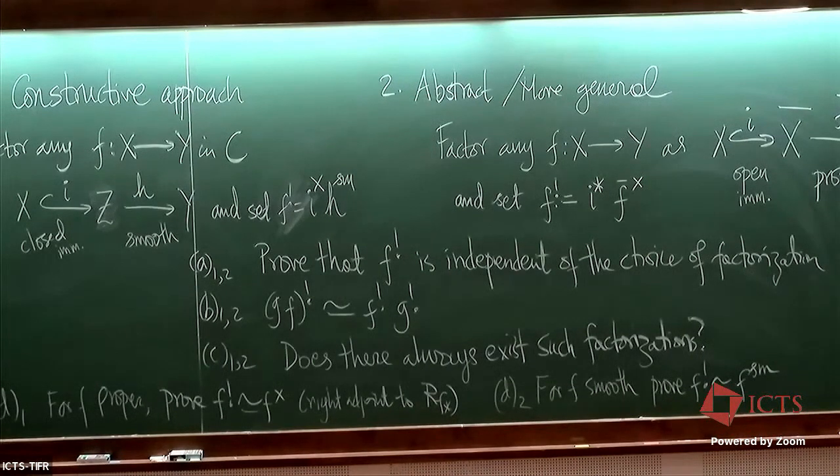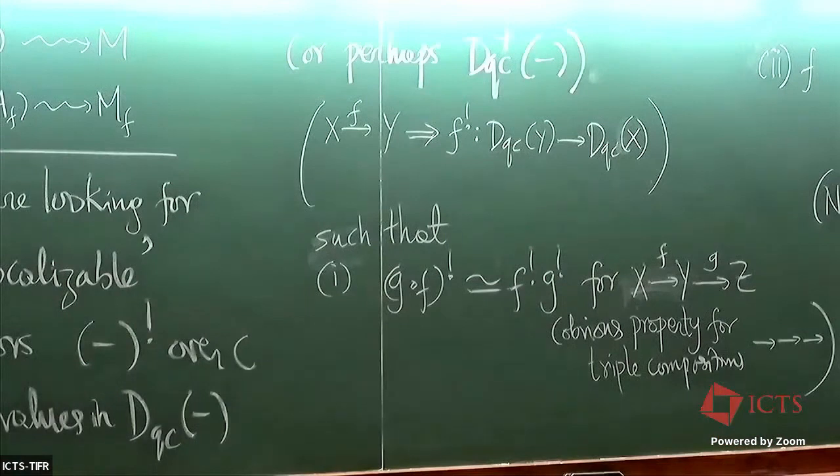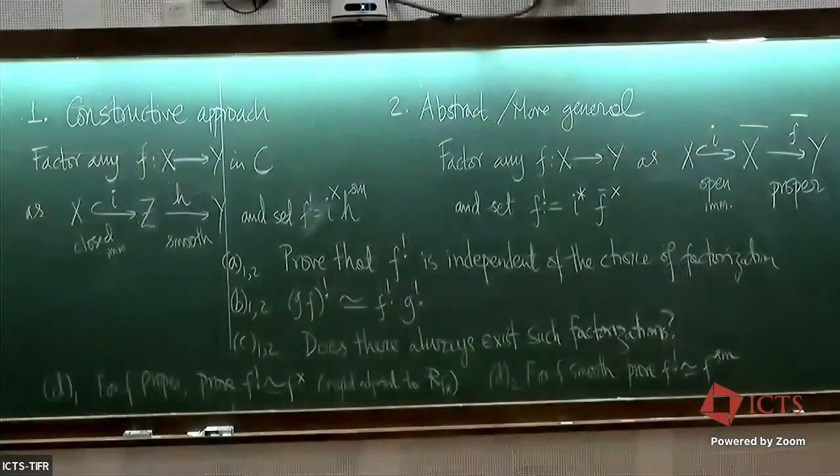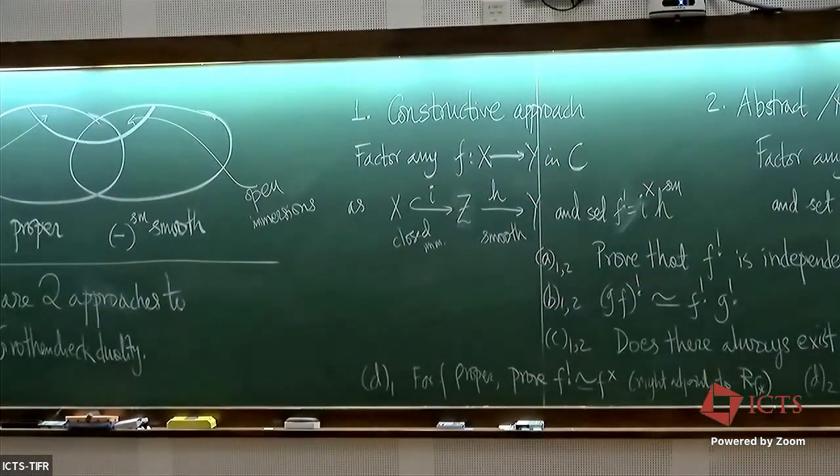Both these theories involve a lot of technicalities, and now I'll very briefly mention some of these things. Some of these details are non-trivial. So let's start with the property C, the existence of factorizations. Property C2, which is on the other side, is known to be true.